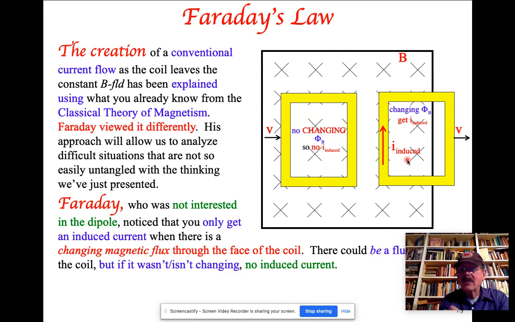If it changes fast, you're going to get a big current. If it changes slow, you're going to get a small current. So he could have related this change in magnetic flux with time to the induced current, but instead, what he did was to relate it to the induced EMF that was setting up the electric field that was motivating charge to flow.